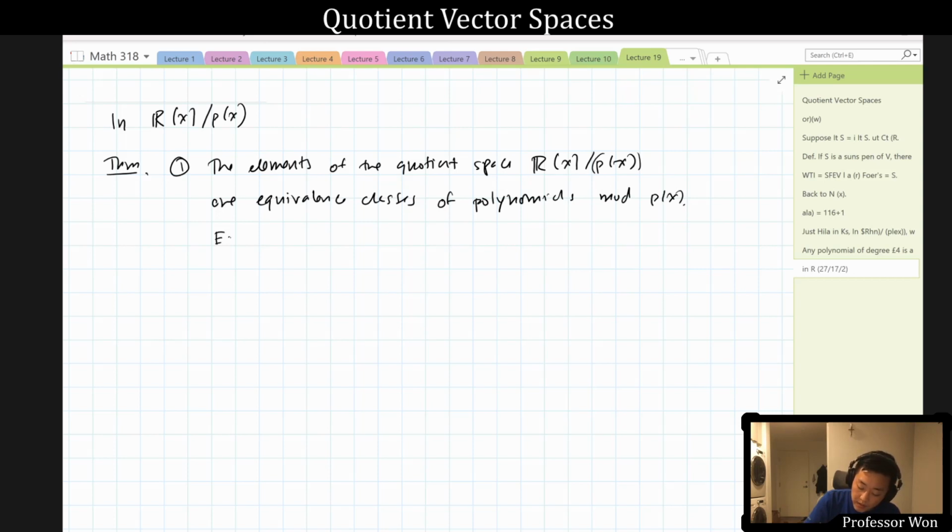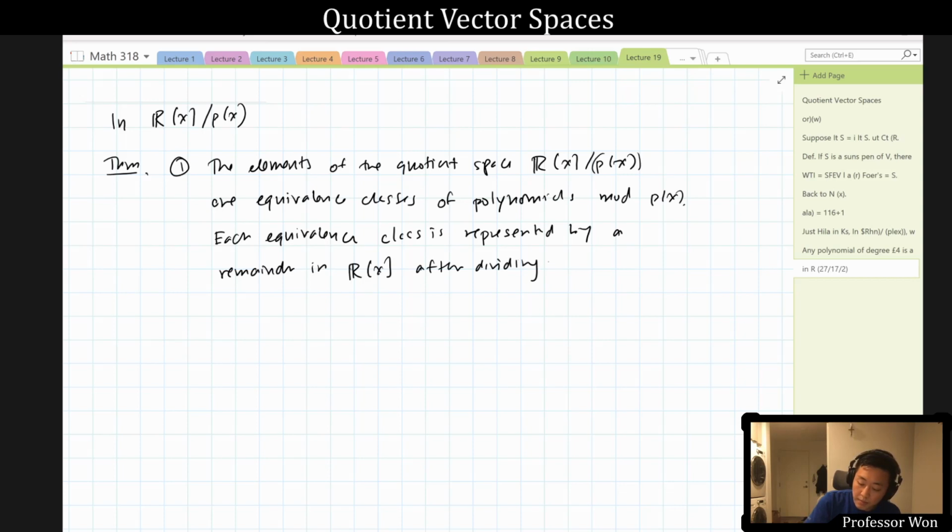Right, each equivalence class is represented by a remainder in R[x] after dividing by p of x.